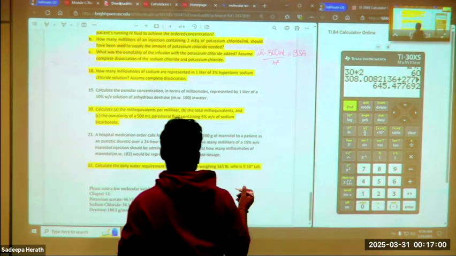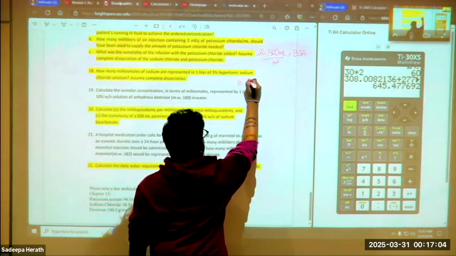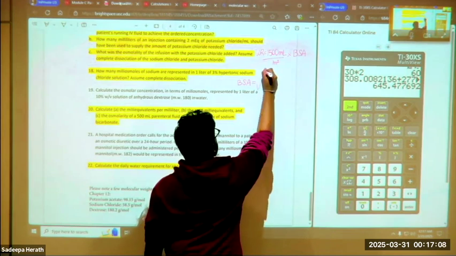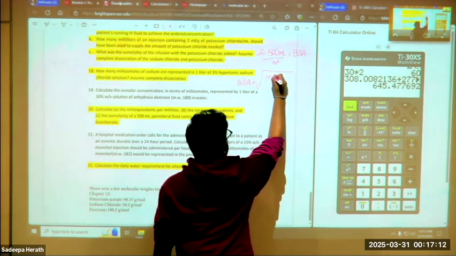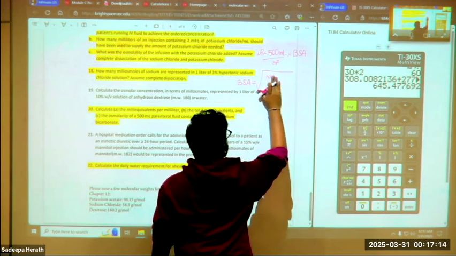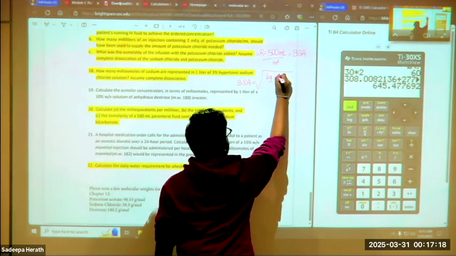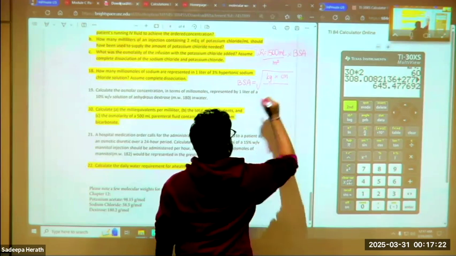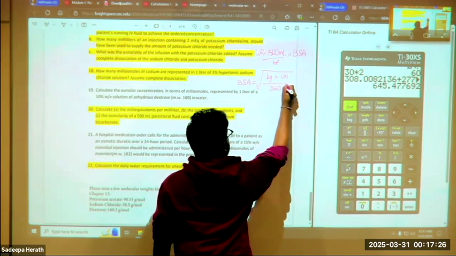What is the equation for BSA? BSA equals the square root of weight of a person in kilograms times his or her height in centimeters, over 3,600.